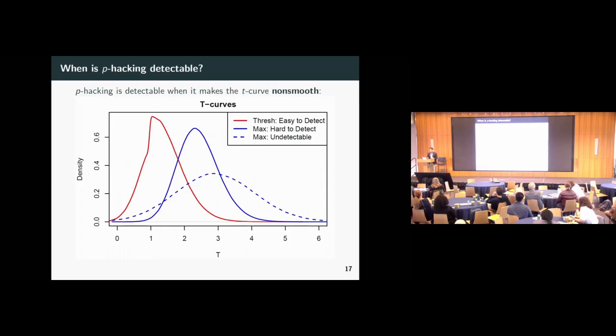So we would call this hard to detect. And finally, the dashed line is a fully undetectable set of p-hacking. The p-hacking is present, but it has not produced enough non-smoothness in the p-curve, and it does have an alibi. Right? So p-hacking is detectable when it makes the t-curve non-smooth.